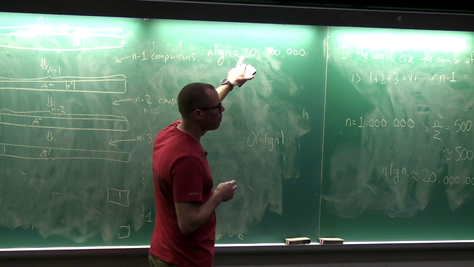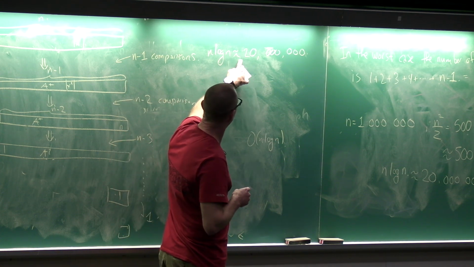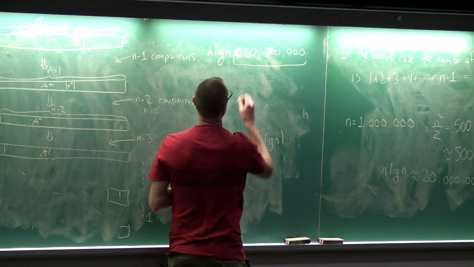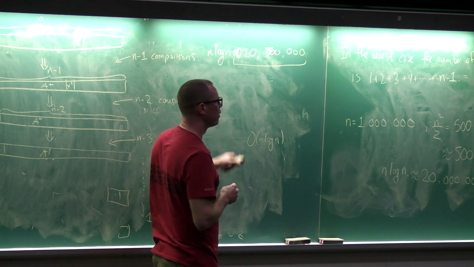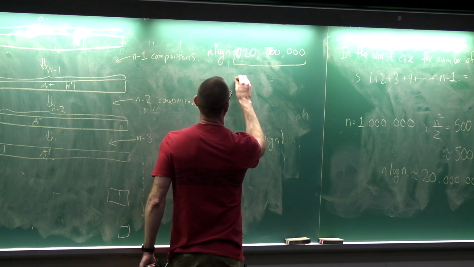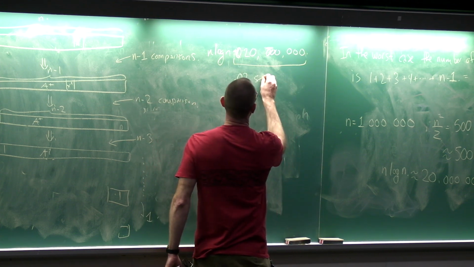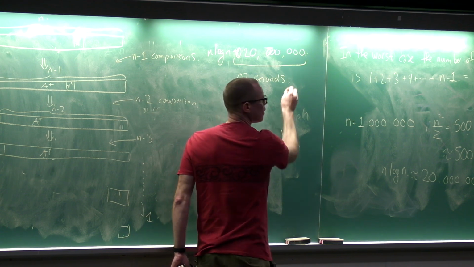So it's not measured in the billions, it's measured in the millions. How many seconds is that going to take? Well, this is not even a billion yet, right? A rough estimate is that this takes 0.02 seconds.